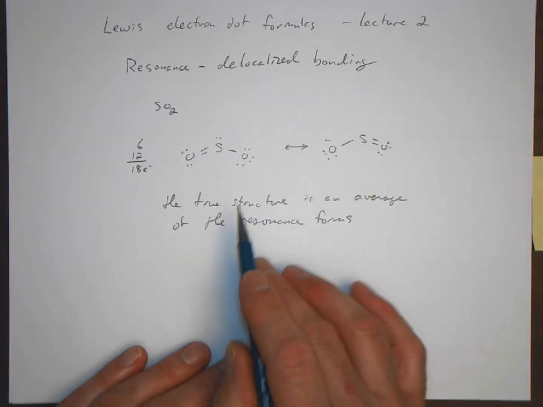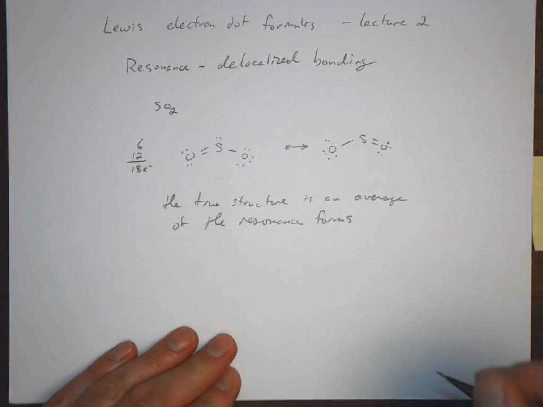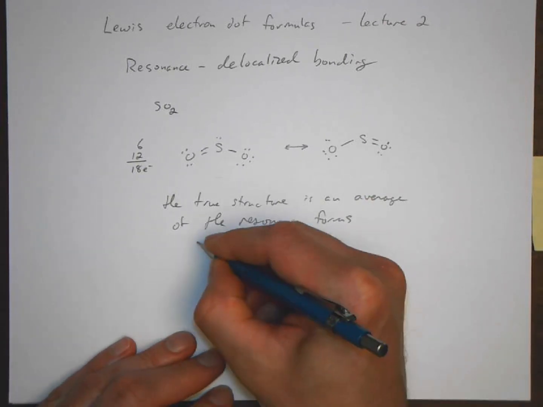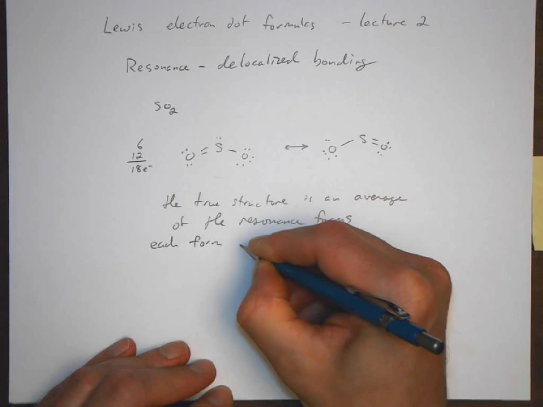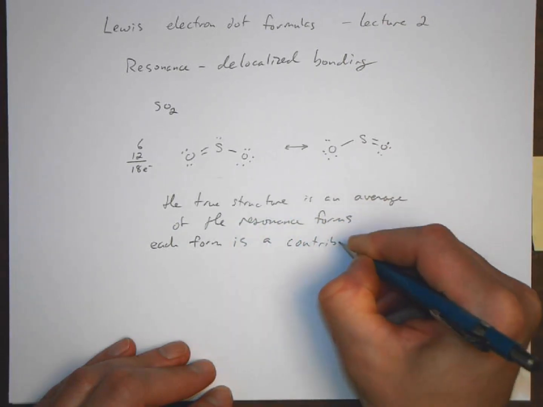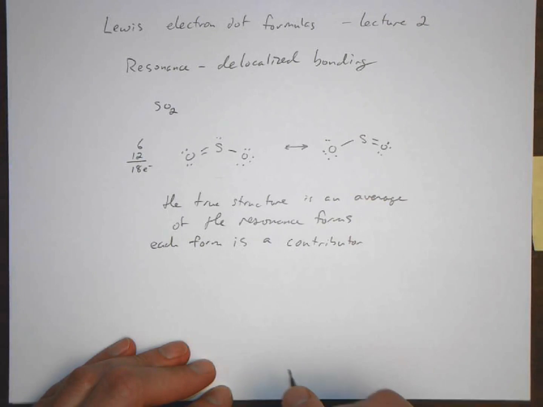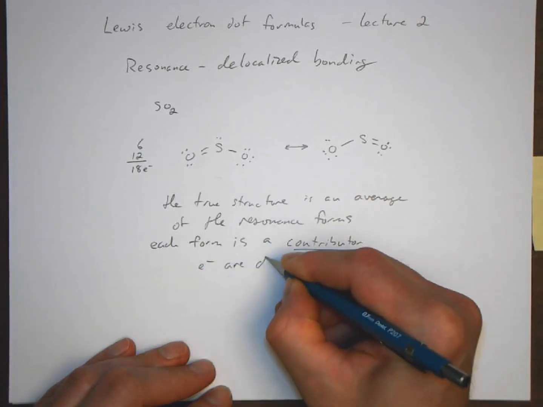The true structure of the SO2 molecule is an average of these resonance forms. We would say that each form is a contributor, and that the electrons are delocalized.